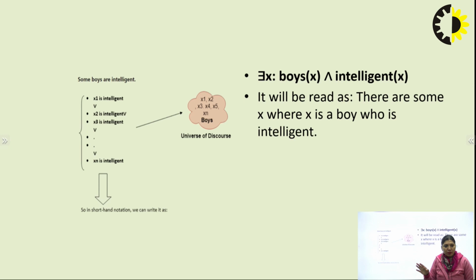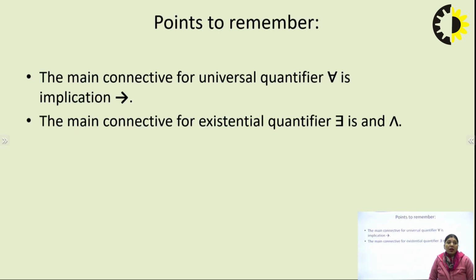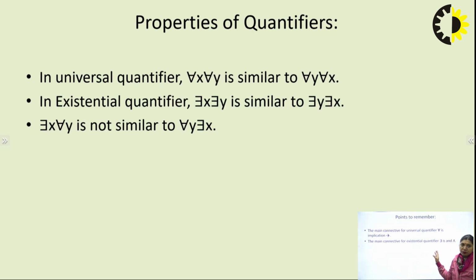Clear to everyone? Fine. So points to remember, we have discussed this point. The main connective for universal quantifier, that is the opposite of A, is implication. We have to have the connection in the relationship in terms of the implication. And for the existential quantifier, we will always use this and symbol.